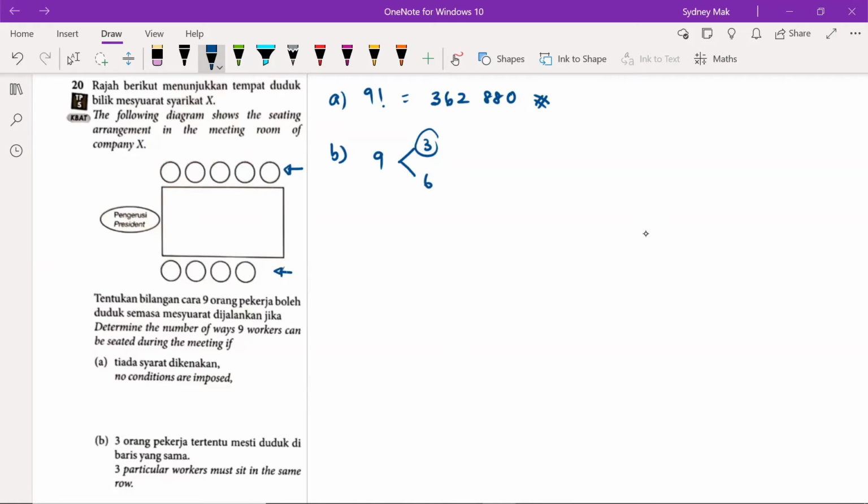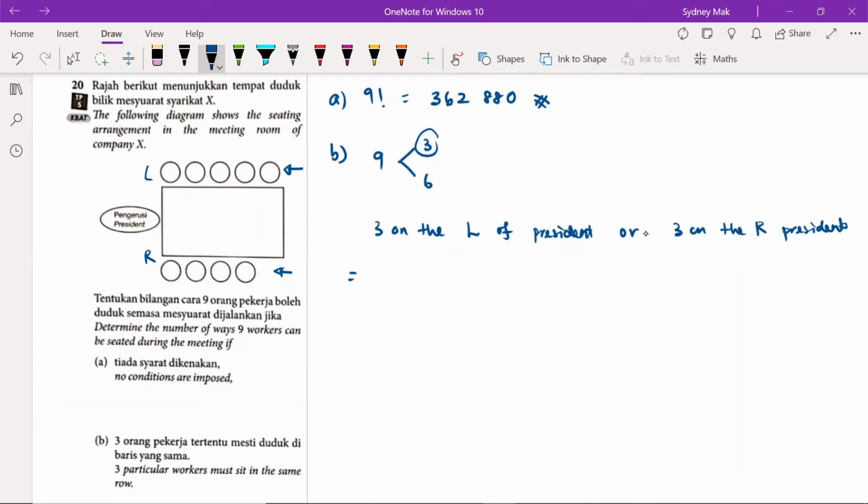So we have 2 scenarios here: 3 on the left side of the president, or 3 on the right side of the president. The right side will be here, and this is the left side.